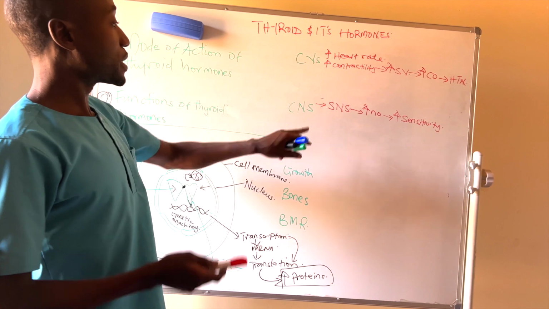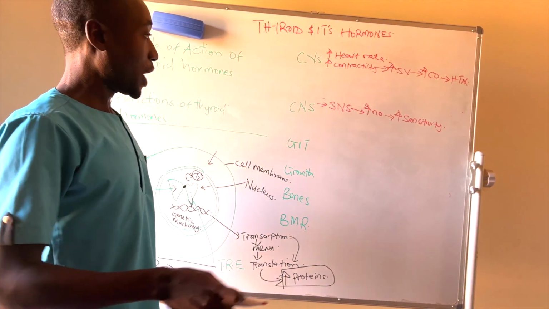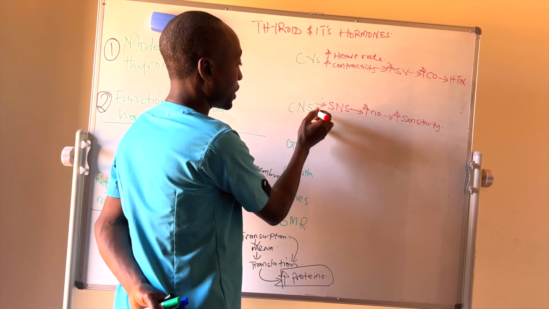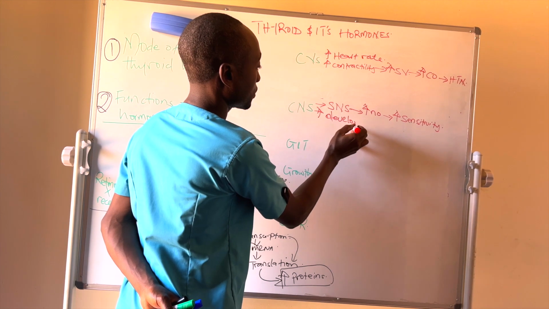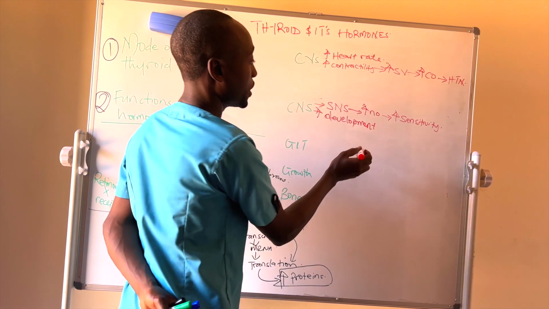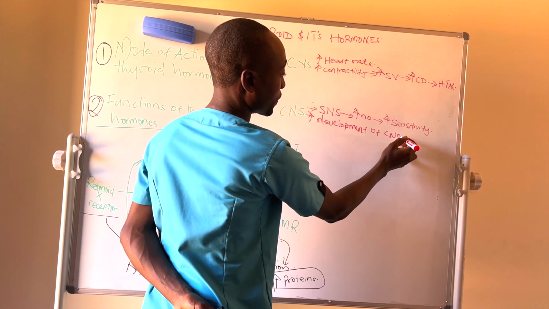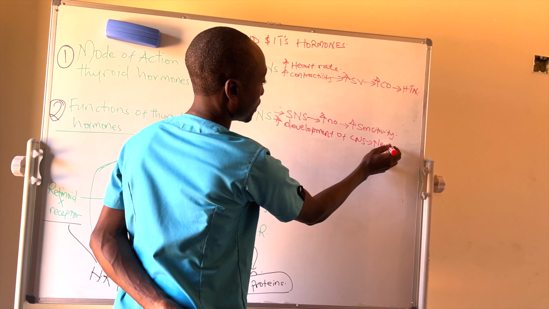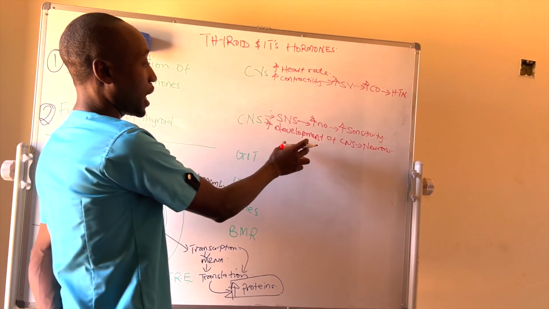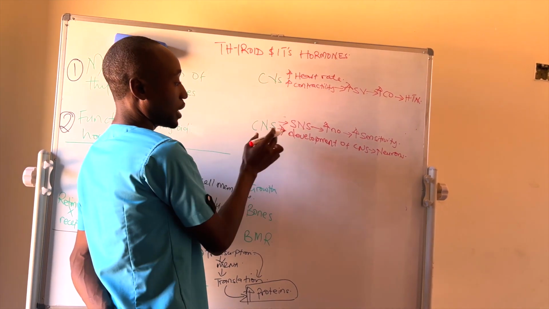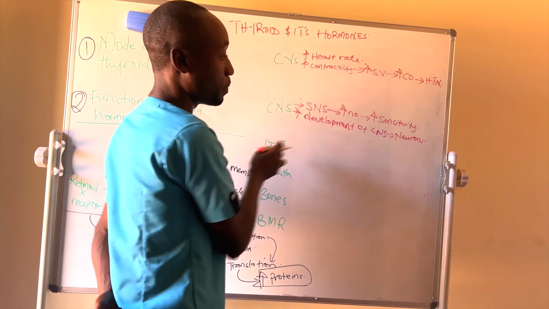So in the CNS, they increase sympathetic nervous system effects, but they also help in the development of the CNS, in the development of things like different neurons. This tells us that if someone lacks these hormones when he's still very young, he is going to have underdevelopment of the CNS.